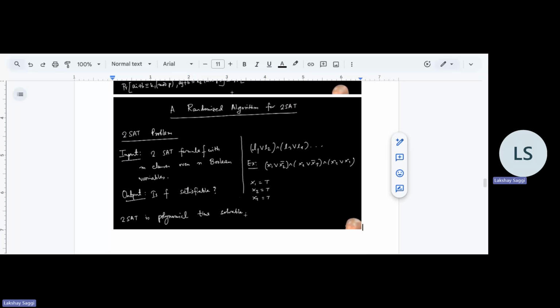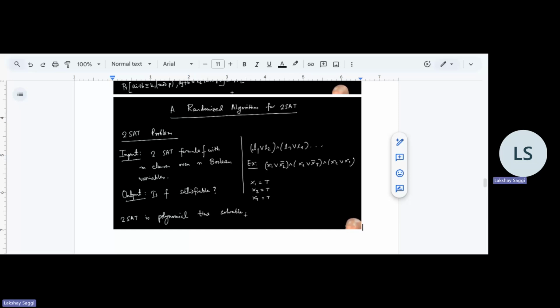So every clause will be of the form X or Y. And all of these clauses are joined by ANDs. This is L1 or L2 and L3 or L4. Similarly, this is also a two-set problem: x1 or x2 bar and x2 or x3 bar and x3 or x1.